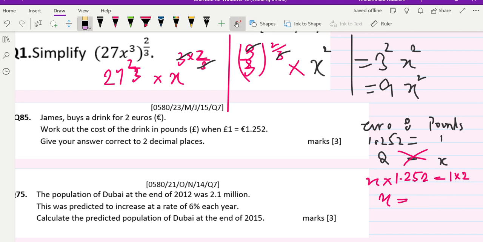And here 1 times 2 will be 2 over 1.252. So 2 divided by 1.252, the answer is 1.6. So the cost of the drink in pounds will be 1.6.